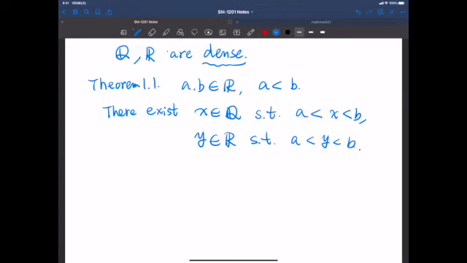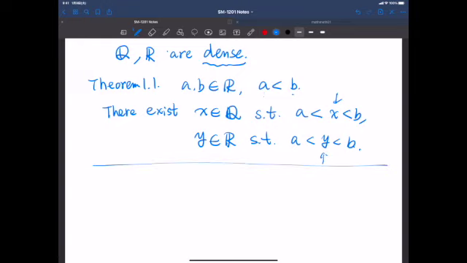Okay, so as long as a is less than b, we can always find a rational number between them and a real number between them. So even if a and b are very, very close, we can always find some numbers between them. Okay, let's prove this.